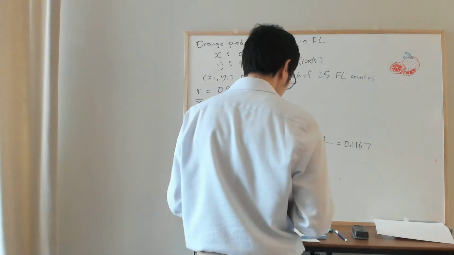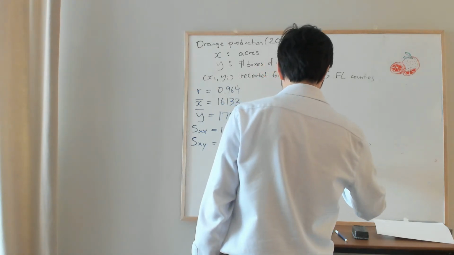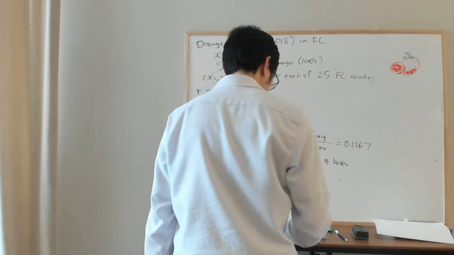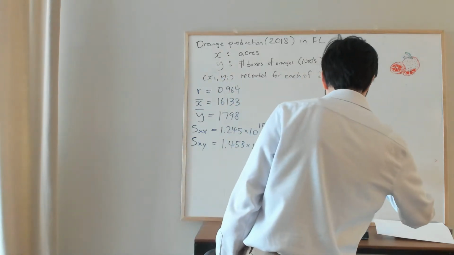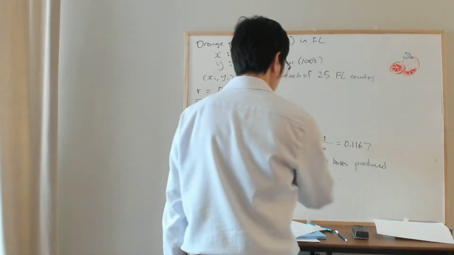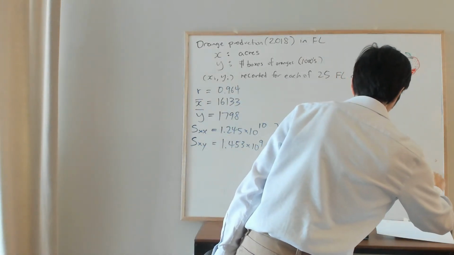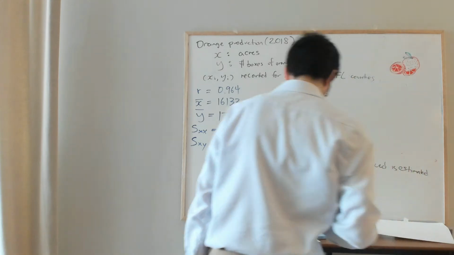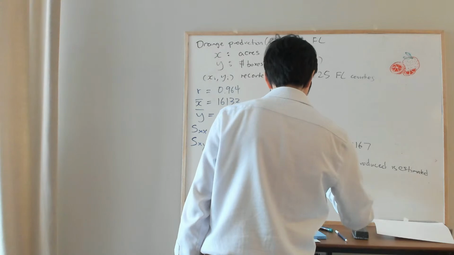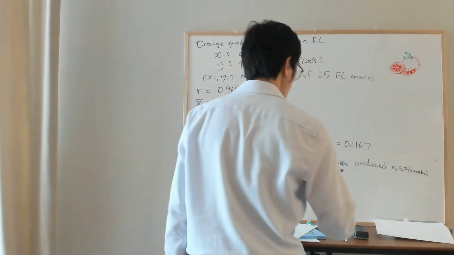Okay, so interpretation then is that the expected number of boxes produced. Okay, so this is our estimate, so we can write is estimated to be. So how many boxes? So this is thousands, so I'll just convert it back to the actual number of boxes.